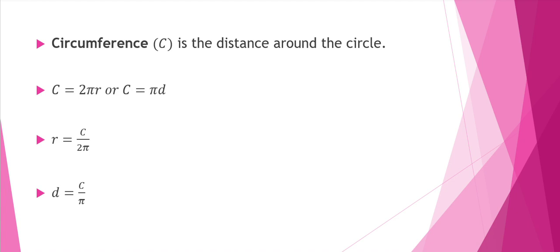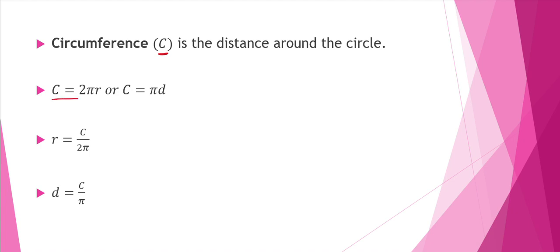Now, circumference, we use the letter C for circumference, is the distance around the circle. So in chapter 4a, I taught you about perimeter, which is pretty much just adding up all the side lengths together. This is technically the same thing, but it's with circles instead, but we use a specific formula, okay?